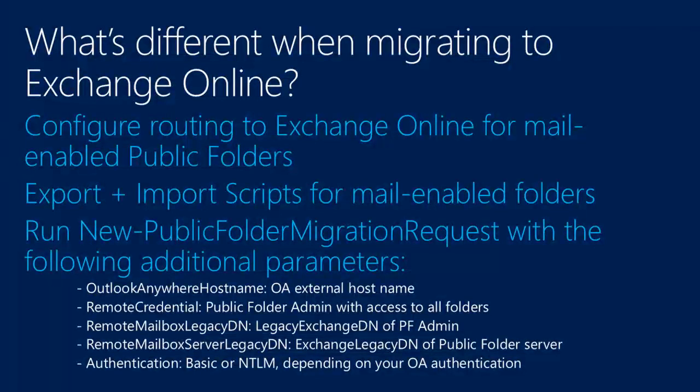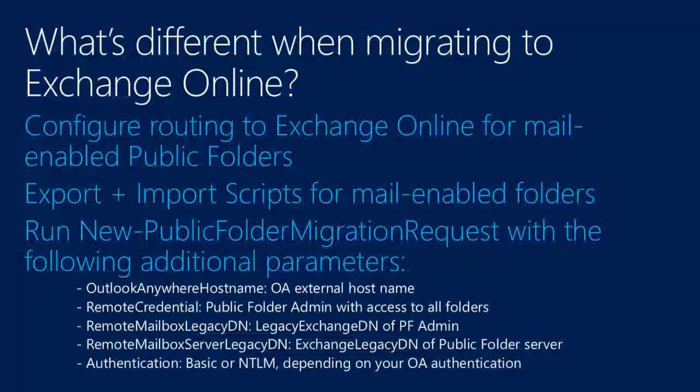You'll have to use the export and import scripts, which are contained in that download that'll be linked at the end of the presentation, to export the information for those mail-enabled folders. And then when you submit your new public folder migration request, it's going to actually use Outlook Anywhere to gain access to some of the content, and you are going to need to put in some of the Outlook Anywhere parameters that are listed here.